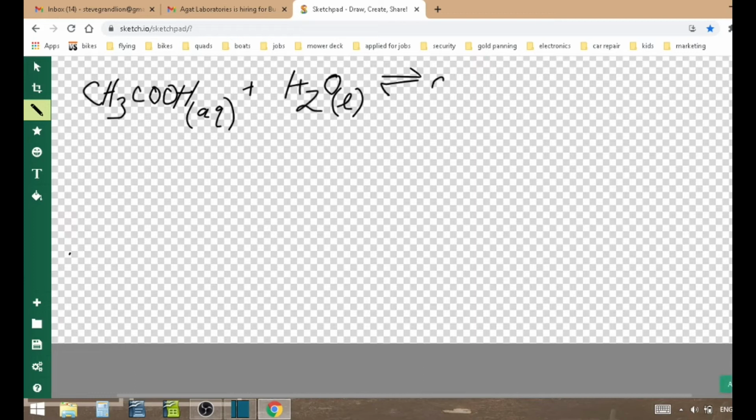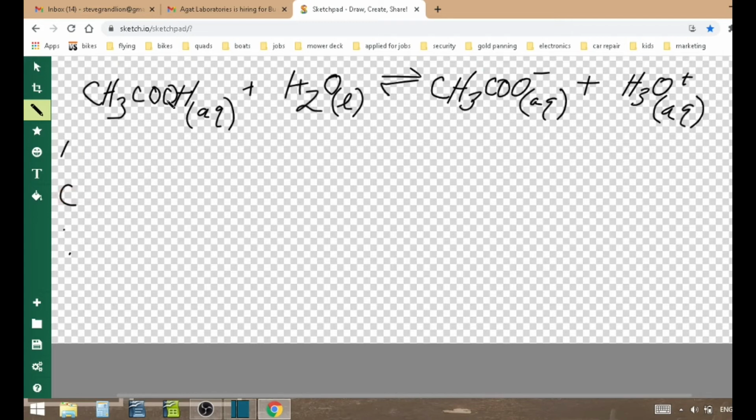We obtain an equilibrium wherein we have the acetate ion in solution and we have the protonated water or hydronium ion also in solution.